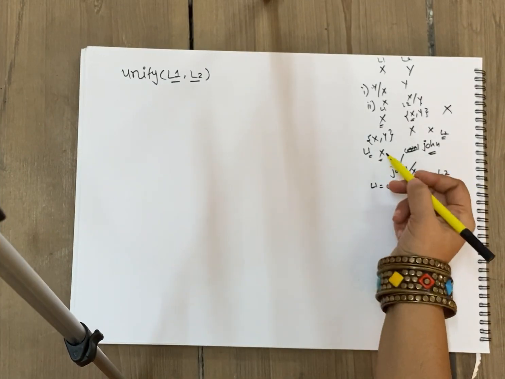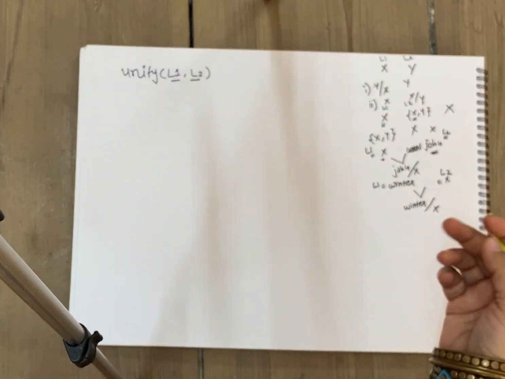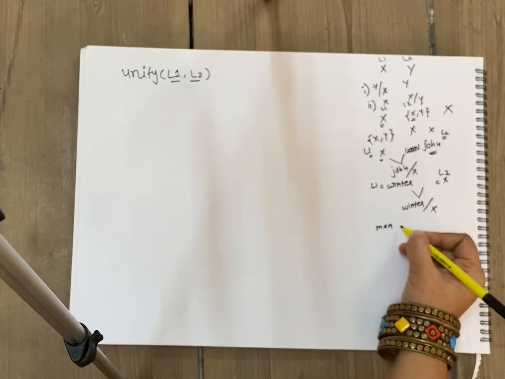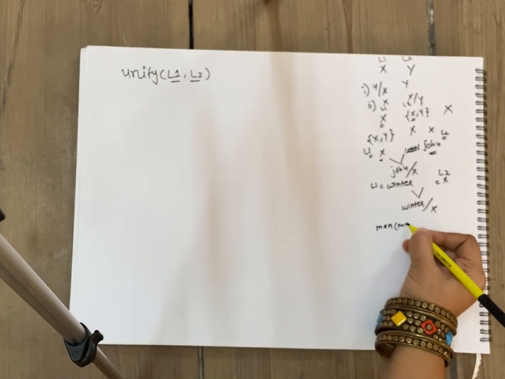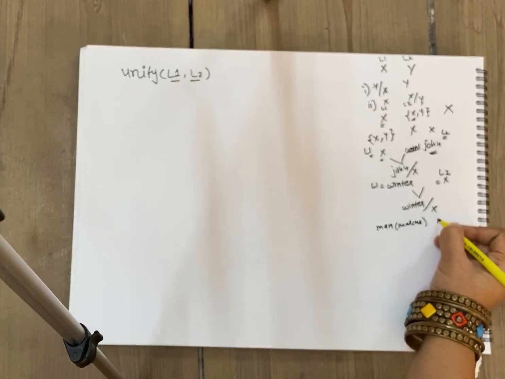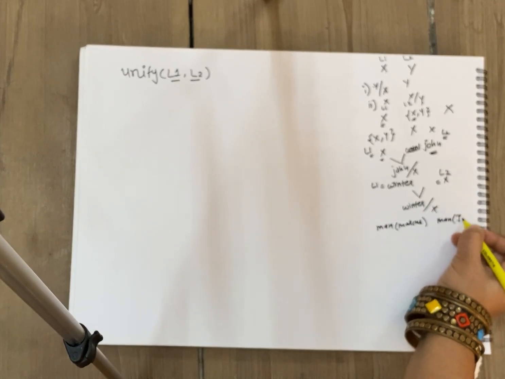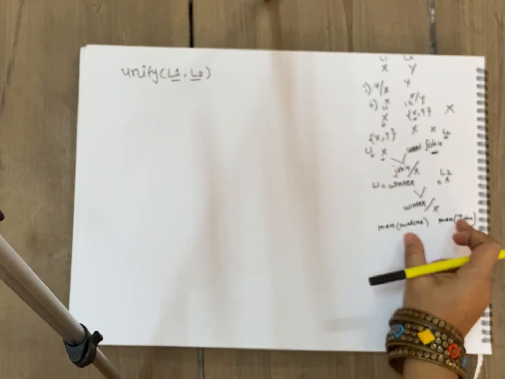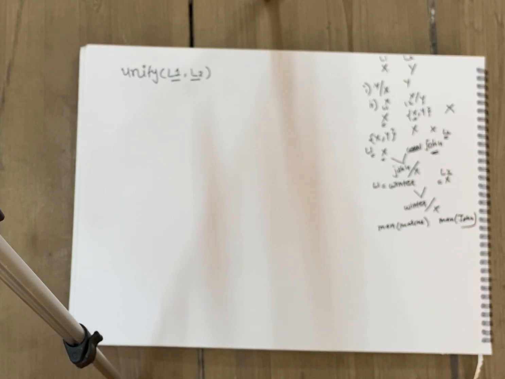What is the next possibility? We have talked about one variable and one atom. Now let us say we are talking about predicates. Suppose you have two predicates as we have discussed earlier: man(Marcus) and man(John). Is it possible that we can unify them? Can we say both are unifiable?